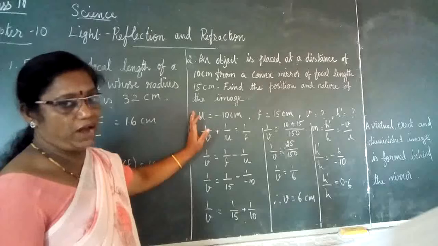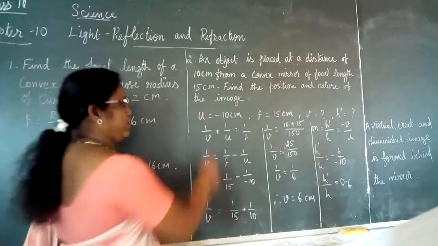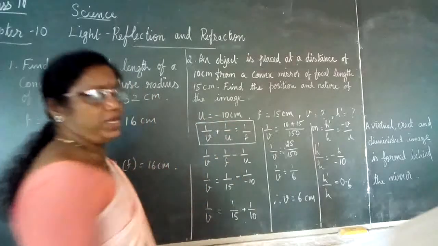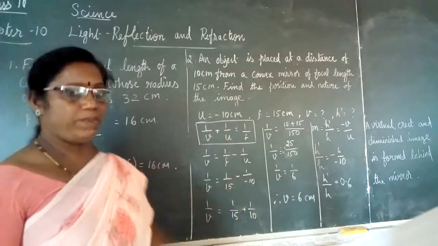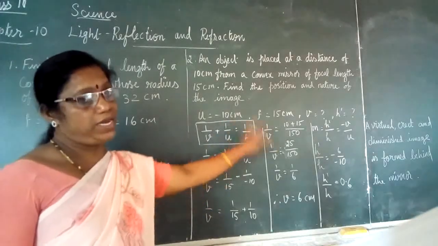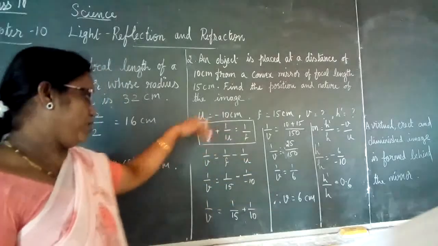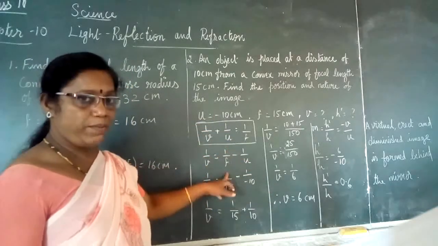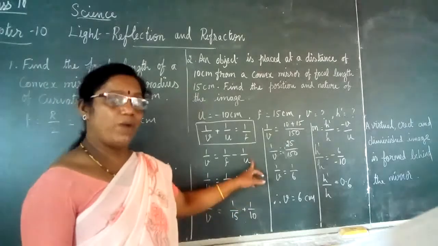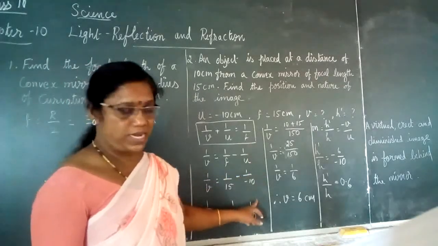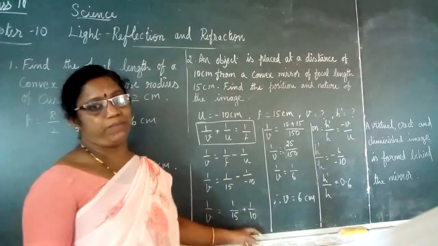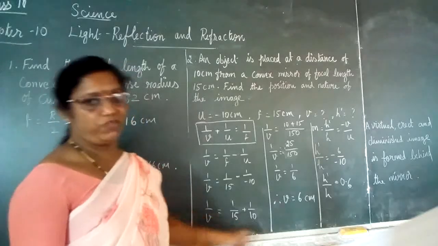For that, we have to write the mirror formula. According to the mirror formula, 1 by v plus 1 by u is equal to 1 by f. 1 by v is equal to 1 by f minus 1 by u. That is equal to 1 by f is 15, so 1 by 15 minus 1 by u is minus 10. So minus of minus becomes plus. So 1 by 15 plus 1 by 10. You have to take the LCM for 15 and 10.